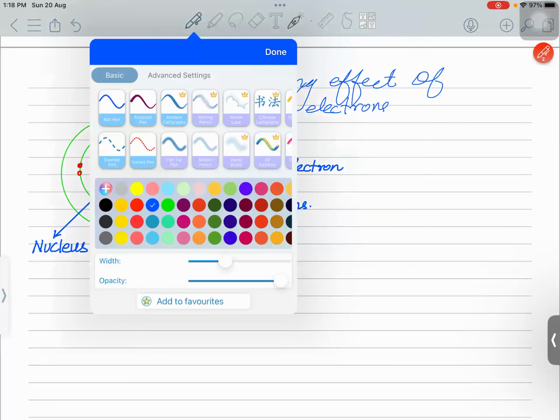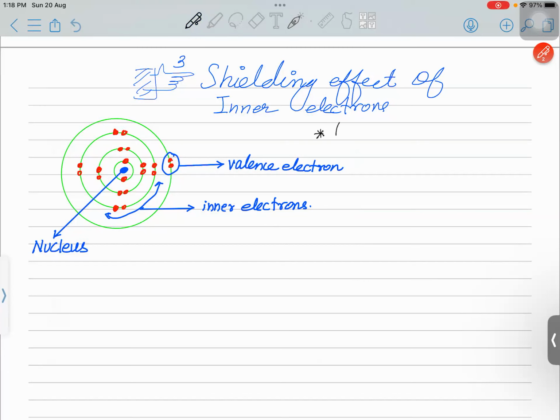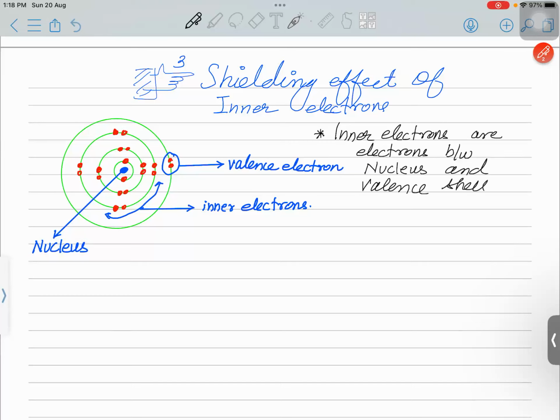Write the first point. What are inner electrons? Inner electrons are electrons between the nucleus and the valence shell.